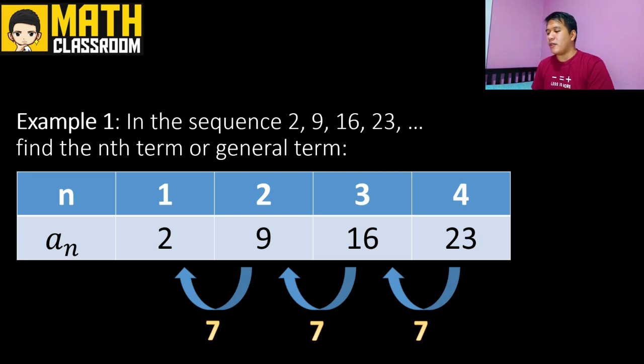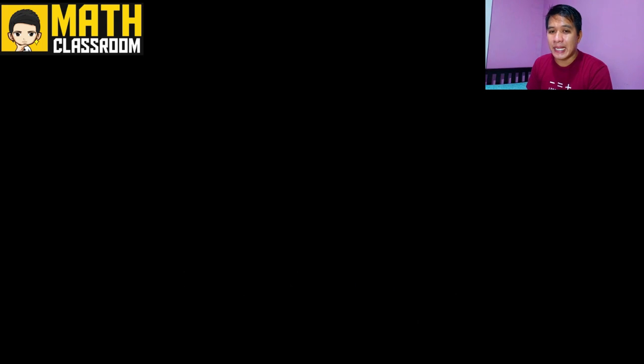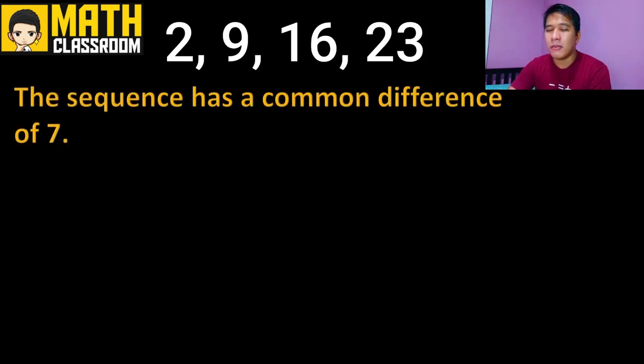As you can see, the first 4 terms of the sequence revealed that it has a common difference, and that common difference is very important in writing the rule of the sequence. The sequence has a common difference of 7.